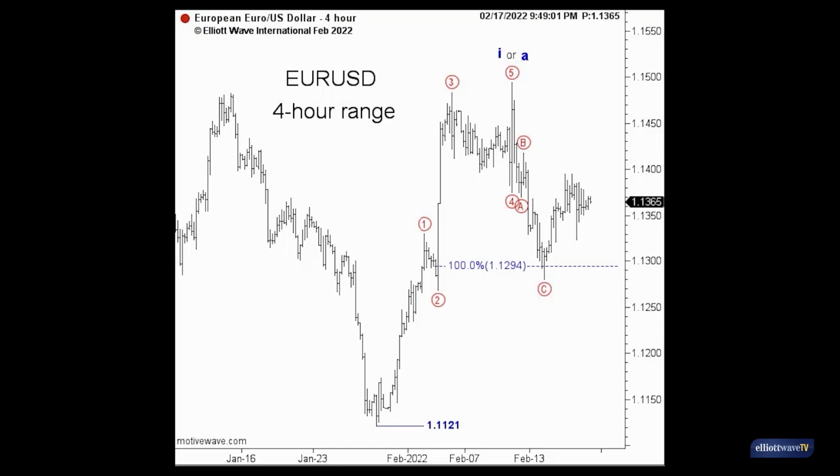We never expect exact measurements, the prices to turn on the exact numbers. We look for the market to turn from close to them, and in this case we had 2 unrelated measurements that formed a fairly tight target area, 112.63 up to 112.94. Notice that the low fell right in the middle of that range.